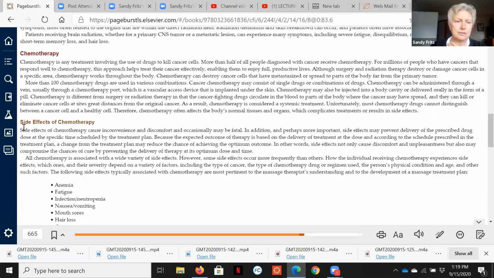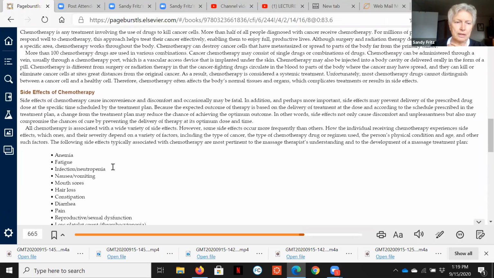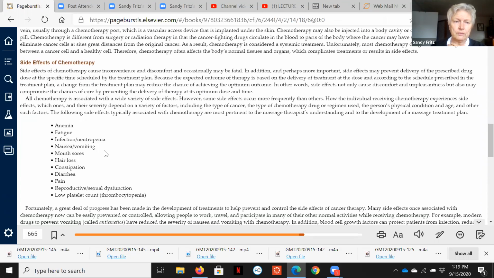So these are some of the side effects that can be very miserable related to chemotherapy, and they're making great strides so that these can either be managed or the dosing can be altered. And one of the lingering effects of chemotherapy and radiation can be nerve damage, neuropathy.